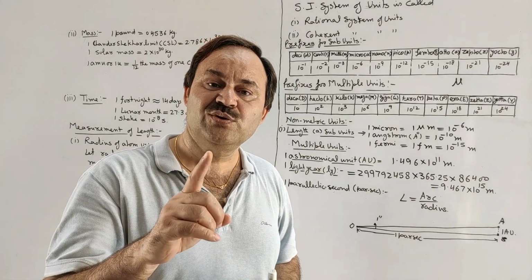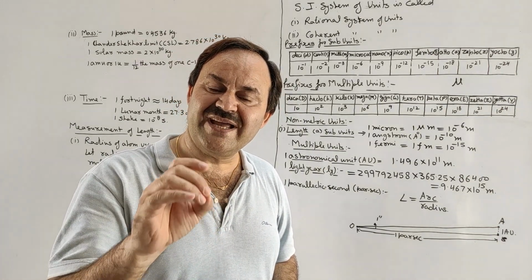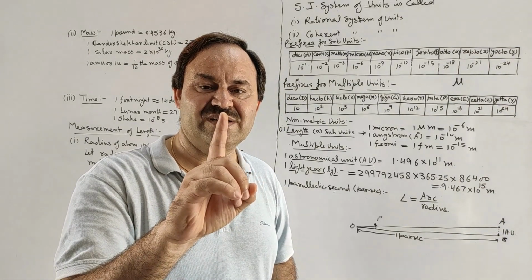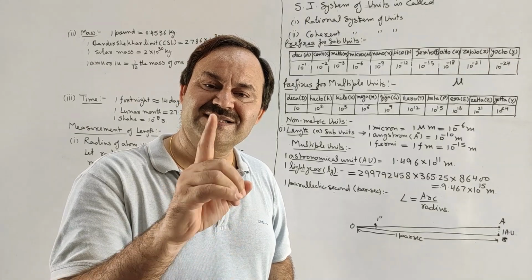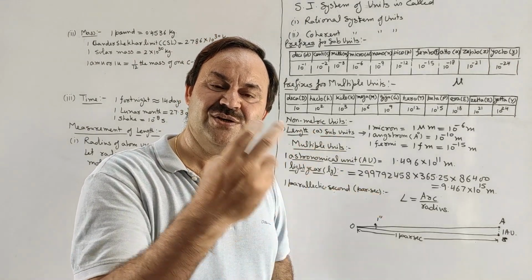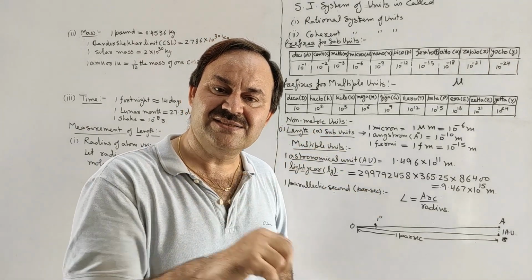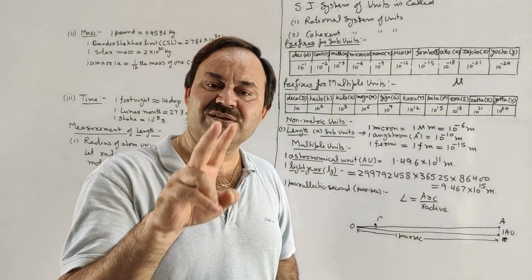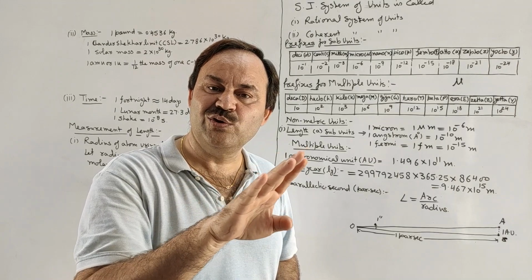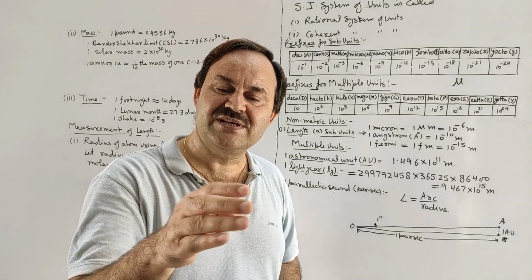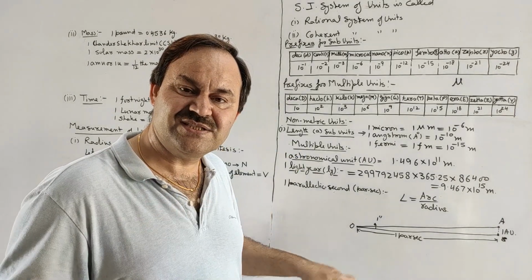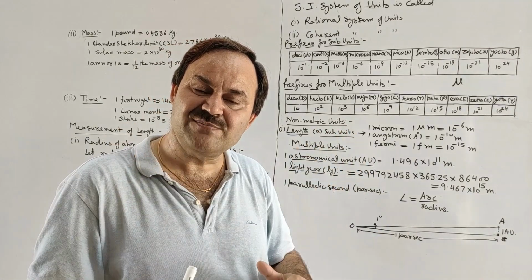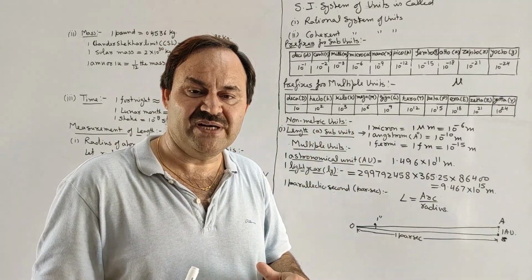And also we must know that the angular limit of resolution of a normal eye is 1 minute. It means if the angle subtended by two objects on the eye is less than 1 minute, 1 by 60 degree, then those two objects will not appear to be separate to us. Here the angle is once again 1 by 60 times of a minute.